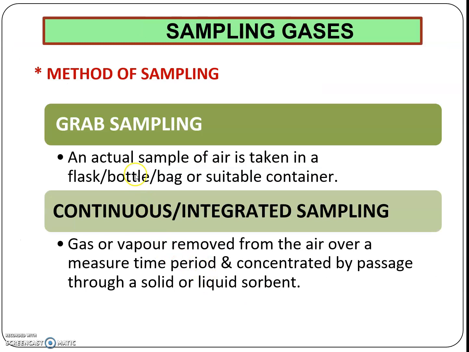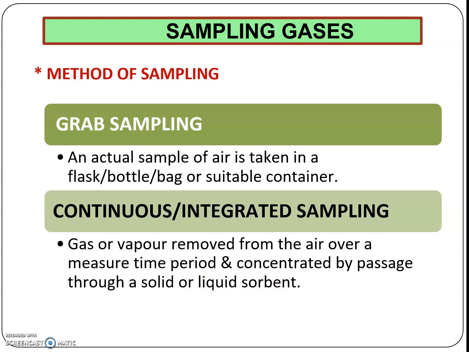Okay. So untuk sampling gas, nak ambil sampel tu macam mana, dia ada dua teknik. First, grab sampling. Second, continuous or integrated sampling. Grab sampling ni one off, maksudnya kita sekali ambil lah. Okay, an actual sample of air is taken into a suitable container. If continuous sampling, so gas removed from the air, okay, will pass through the solid or liquid solvent.